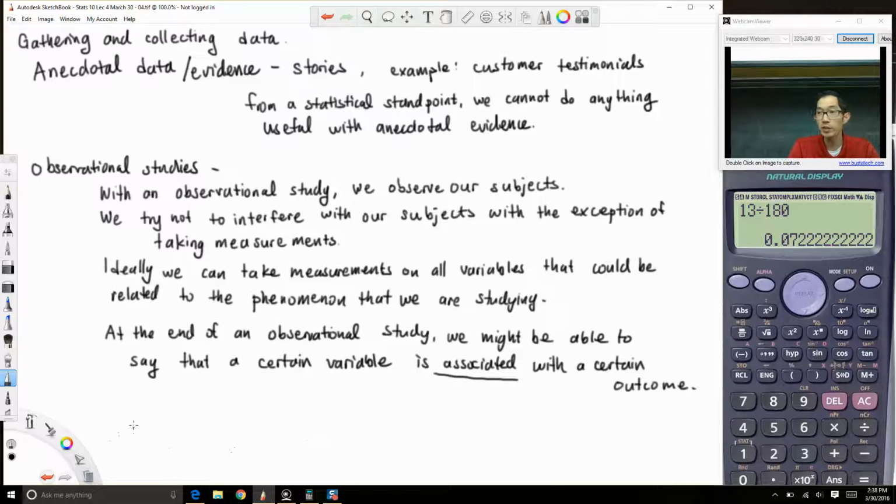Do not say that one variable causes the outcome.